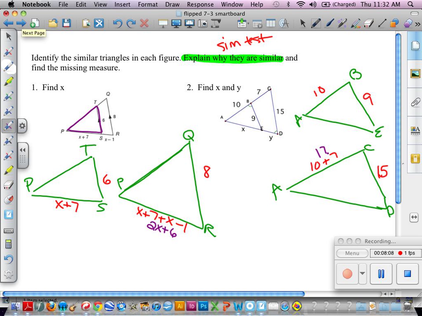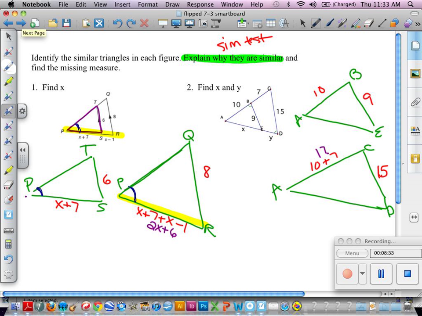I pulled out the little one, and I have pulled out the larger one. Identify the similar triangles. I have this one right here, and I have this one right there, PQR. And notice, I've taken these two and added them together.